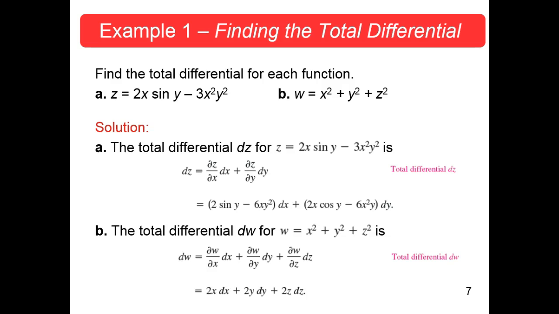Whatever your w is, this is the generic form for whatever w you have for that particular w. That's one and only. That would give you this. Okay. All right. So that was 1B.